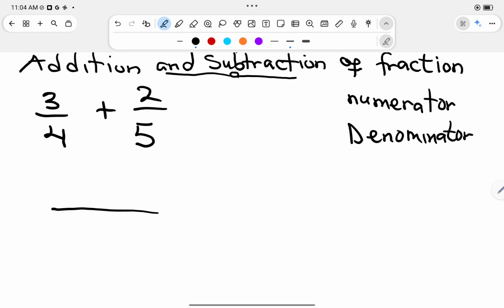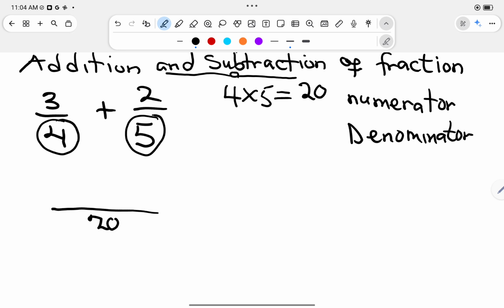So we are going to multiply this 4, which is the denominator of the first fraction, by 5, which is the denominator of the second fraction. So we are going to have 4 times 5, and you know 4 times 5 is 20. We are going to put the 20 that you had from multiplying the 4 and the 5 down here.